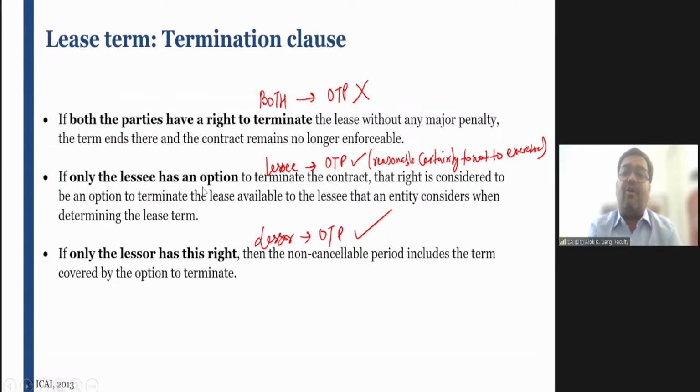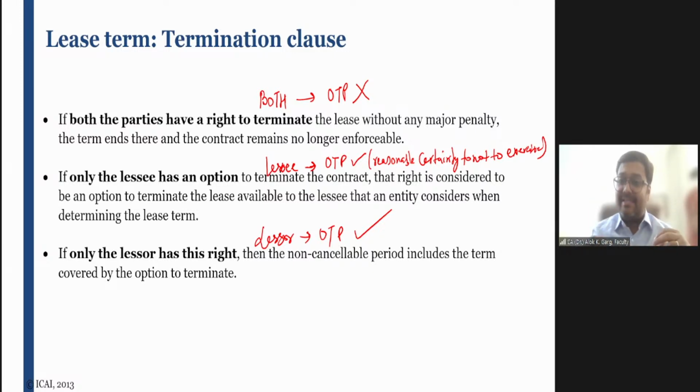If only lessee has the option, lessor does not have the option, only lessee has the option to terminate, in that case, you need to see if there is a reasonable certainty that the lessee will not avail the termination period, then you need to take the optional termination period into the lease term. Otherwise, you will not take the optional termination period into the lease term, like we have discussed earlier. Okay.